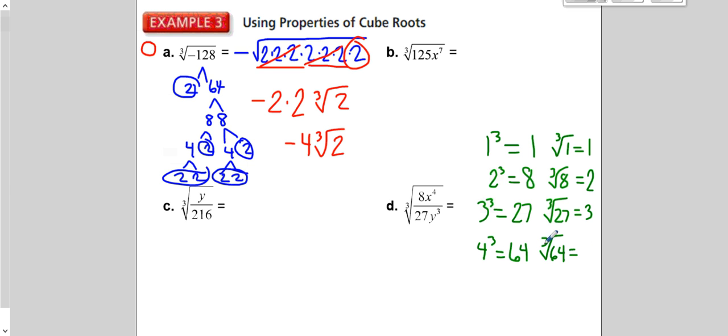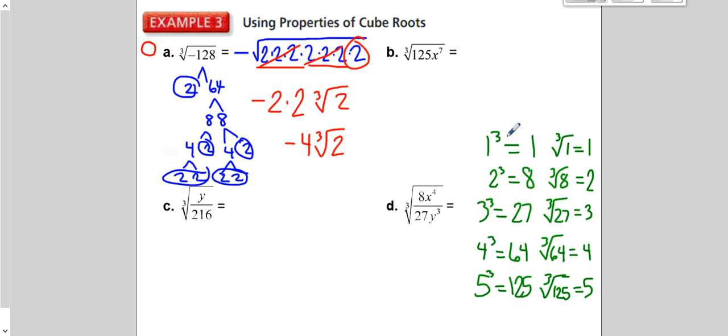Four cubed is 64, so the cube root of 64 is 4. What about 5? 5 cubed. 5 times 5 is 25. Times another 5? 125. So the cube root of 125 is 5.